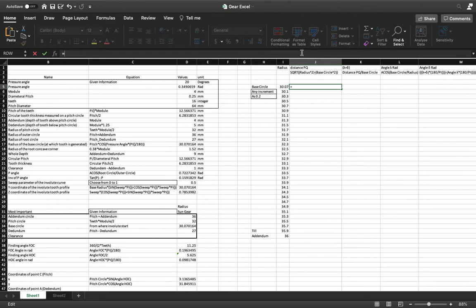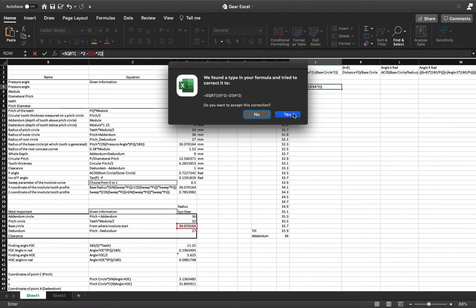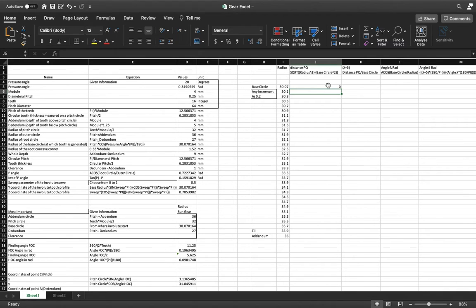And now I'm going to calculate the PQ for each individual point. Square root of the radius to the power of 2 minus base circle to the power of 2. What's this? 0. I think I made a mistake. No, actually there's no mistake. I think it's correct.